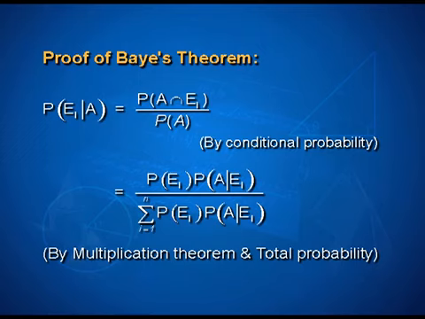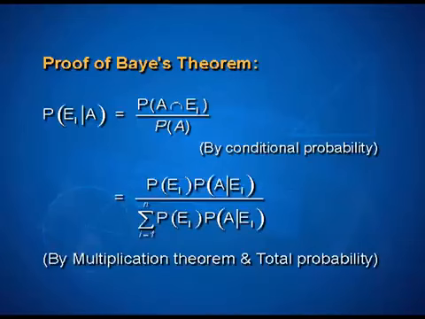The total probability, because A is associated with E1, E2, E3 up to En, events which are partitioning the entire sample space. And therefore, I replace P of A in the denominator by the summation of P of Ei into P of A given that Ei has happened.